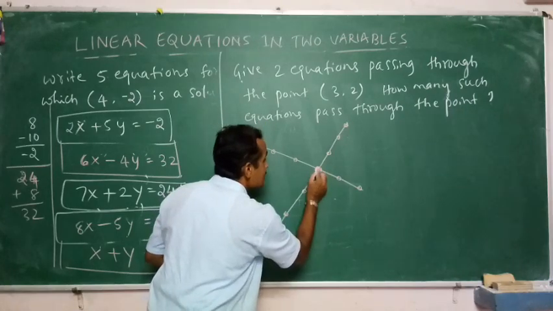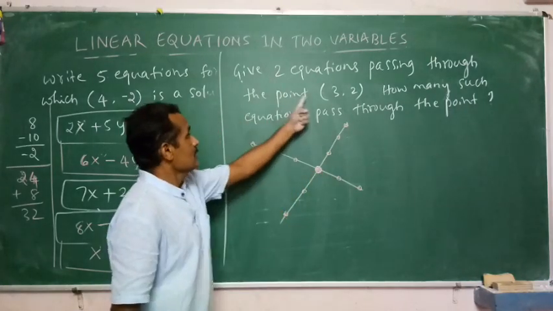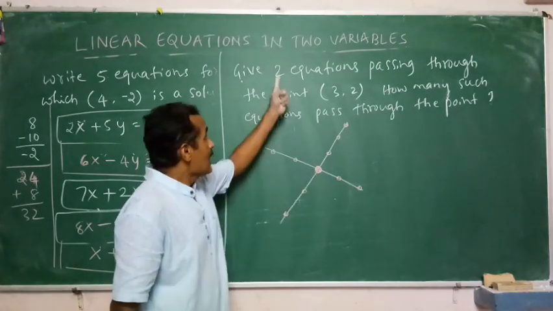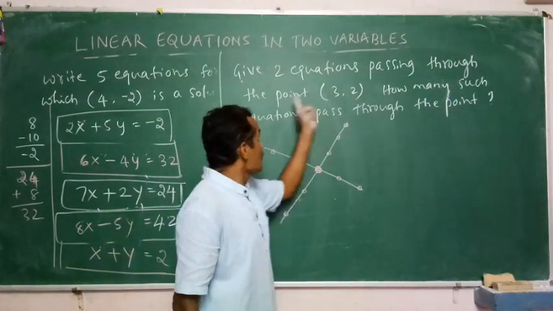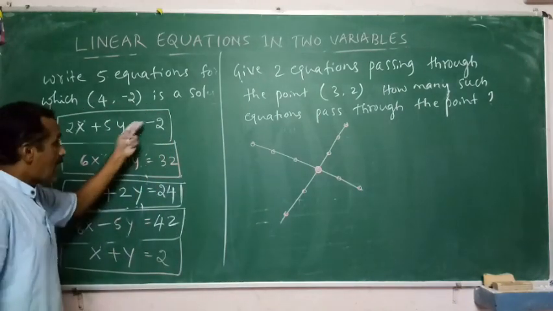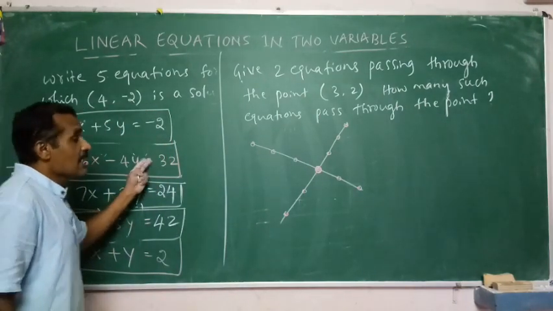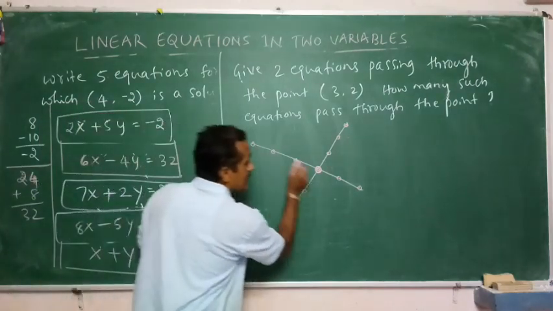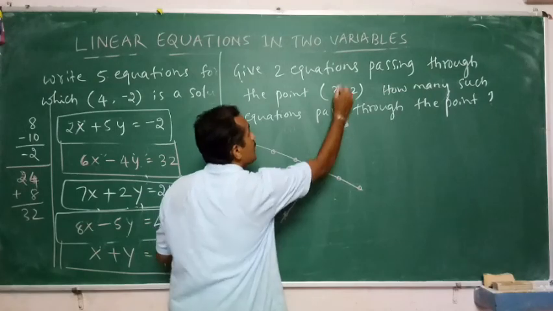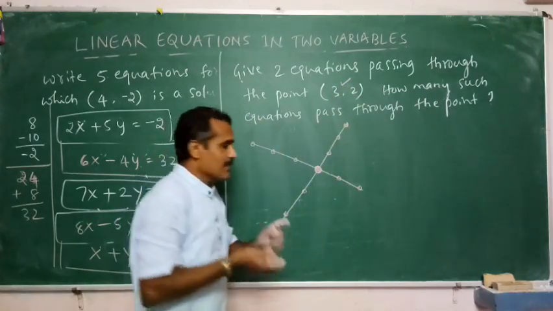And this is called a common solution. That means, give two equations passing through the point 3, 2 means I have to generate two equations, and every equation has an infinite number of solutions, and the common solution will be 3, 2. This is the meaning.